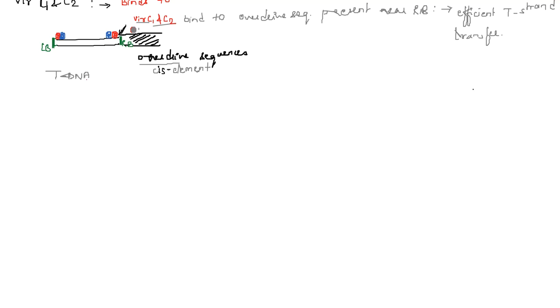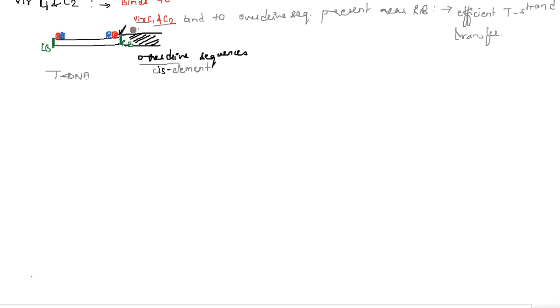Whenever the T strand comes out from the Agrobacterium, it has to cross several membranes, like the plasma membrane, the peptidoglycan wall, the outer membrane, and also the plant cell wall and plant cell membrane. So it has to cross the membranes of the bacteria and also of the plant cell to take entry into the plant cell.